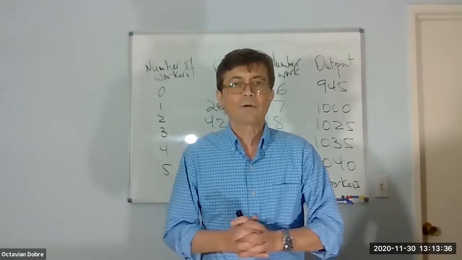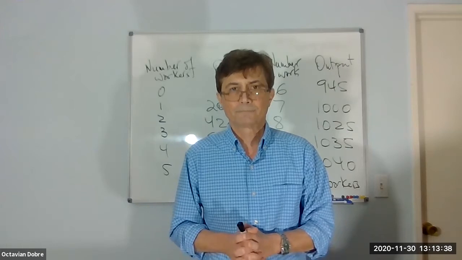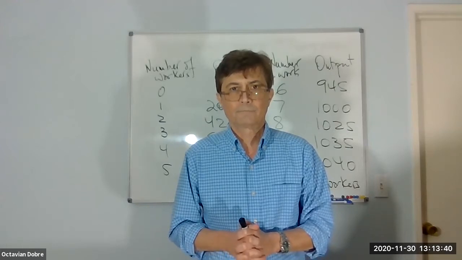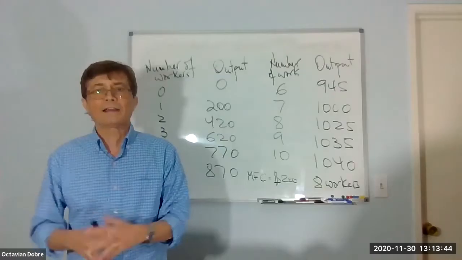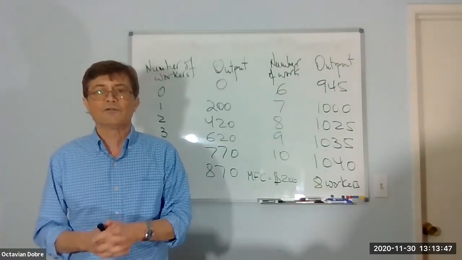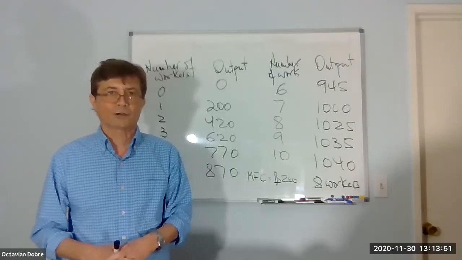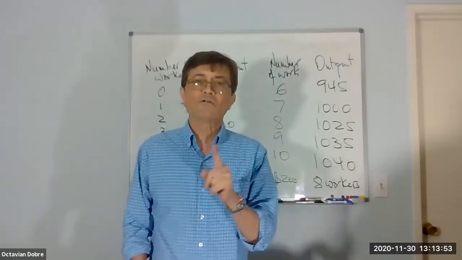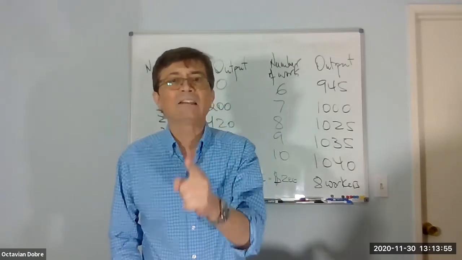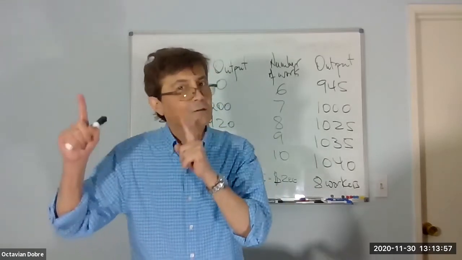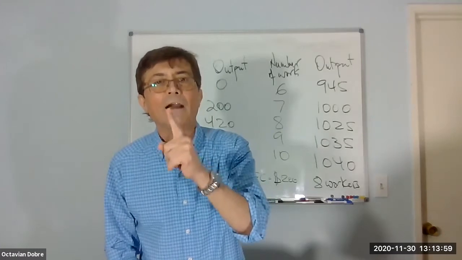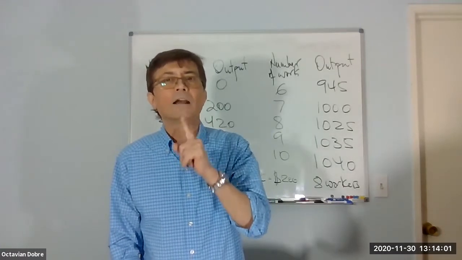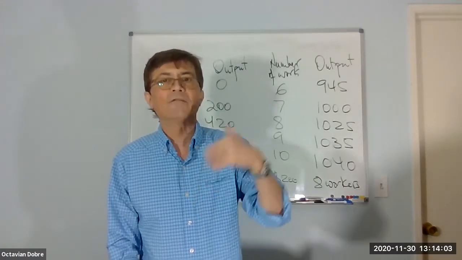How many workers do we need to hire? The problem was given to you. Oh, 8 workers. Okay. So we need to hire 8 workers. What is the contribution of the 8th one, not 8 workers, but the 8th one? How much does the 8th one contribute in terms of units?